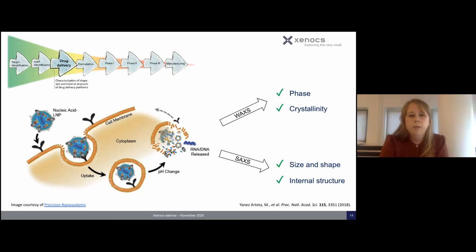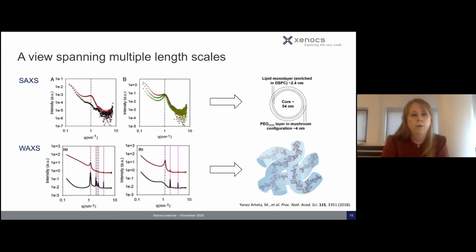And in this study from the Formulations group at AstraZeneca in Sweden, they used SAXS and WAXS in combination with some other techniques to study these nanoparticles. So here you see both the SAXS and the WAXS patterns.